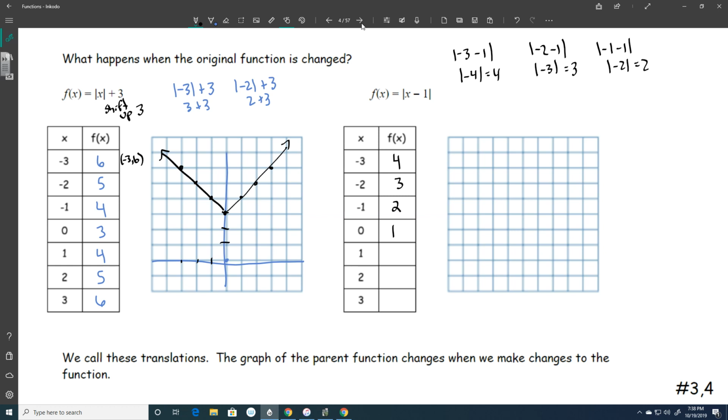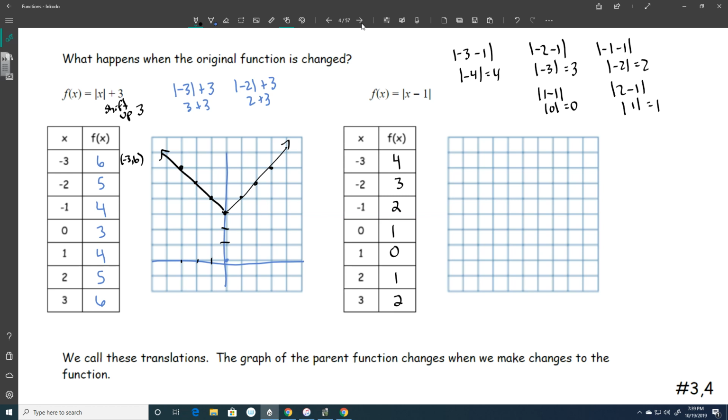But when I plug in a 1, I get the absolute value of 1 minus 1, which is the absolute value of 0, which is 0. And then I plug in a 2. So absolute value of 2 minus 1 is absolute value of 1, which equals +1. And now I start repeating the other side of the graph. 3 minus 1 is 2. Absolute value of 2 is +2.